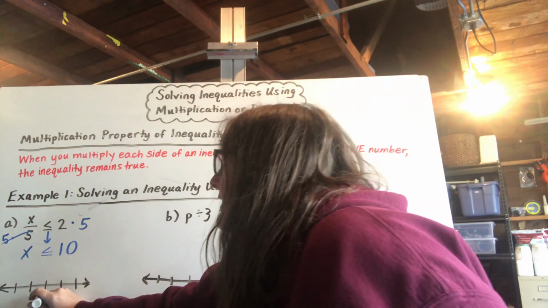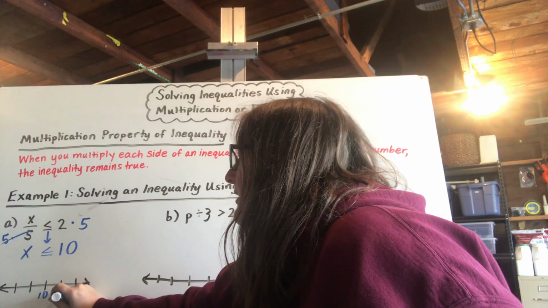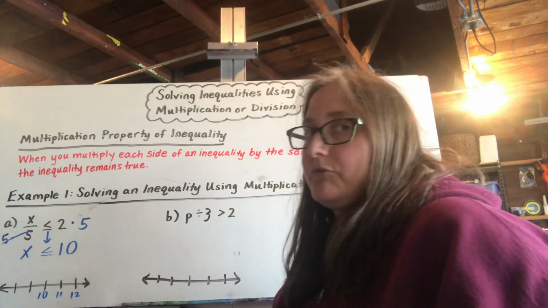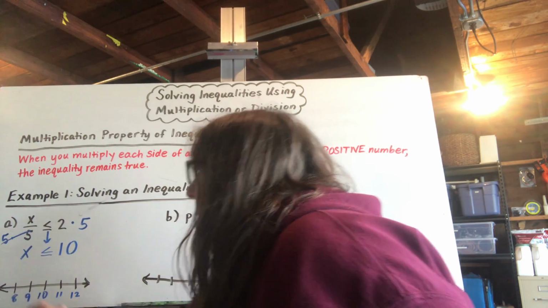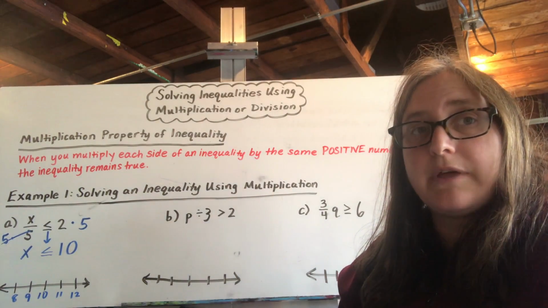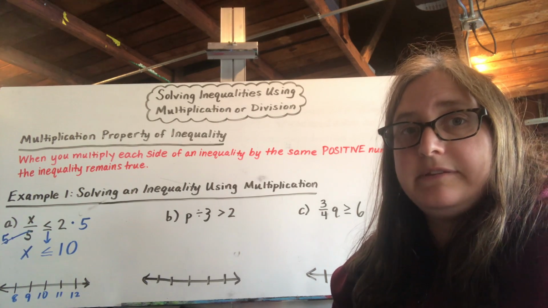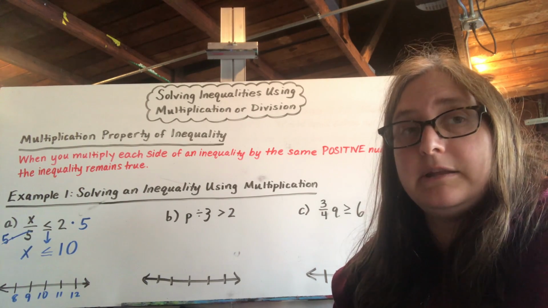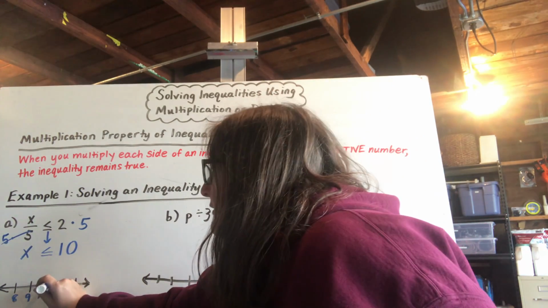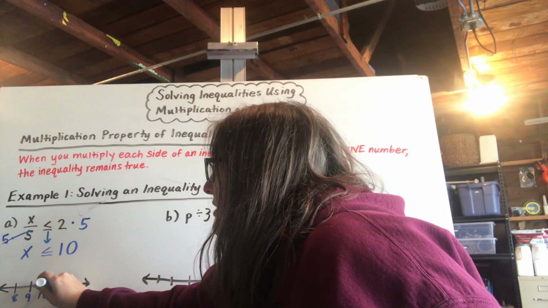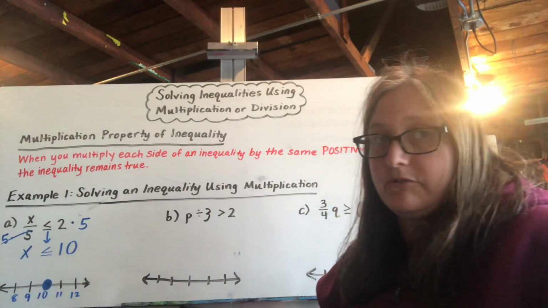When I go to graph it, I want to make sure 10 is on my number line, but I'll do a few numbers greater than 10 and a few numbers smaller than 10. But 10 is where my circle is going to go. That's the most important number. In this case, at 10, I'm going to fill in my circle because I see that x can be equal to 10. So I want a filled in circle. I'm shading in 10. It is a potential answer.